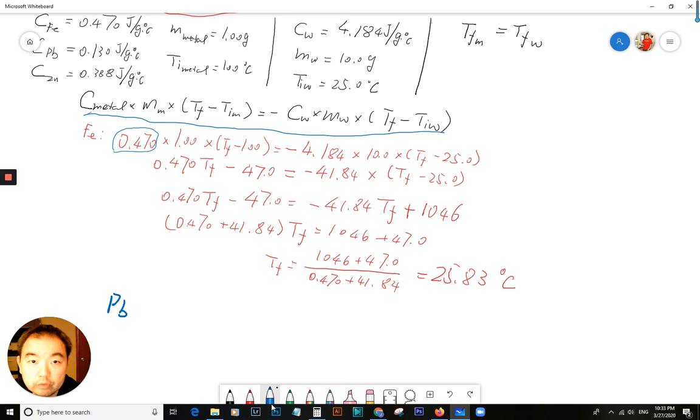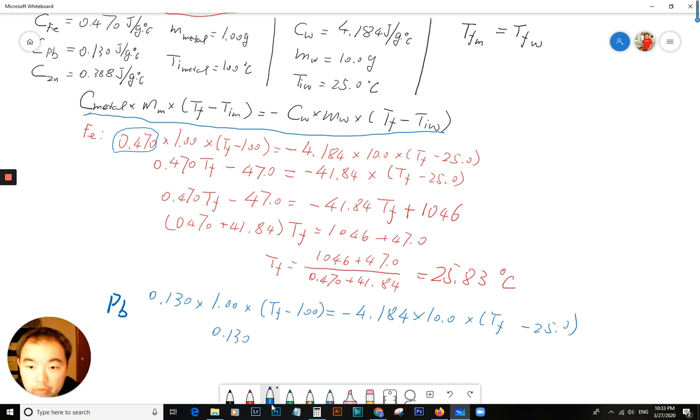So for the lead it is 0.130 times 1.00 times T final minus 100 equal to negative 4.184 times 10.0 times T final minus 25.0.